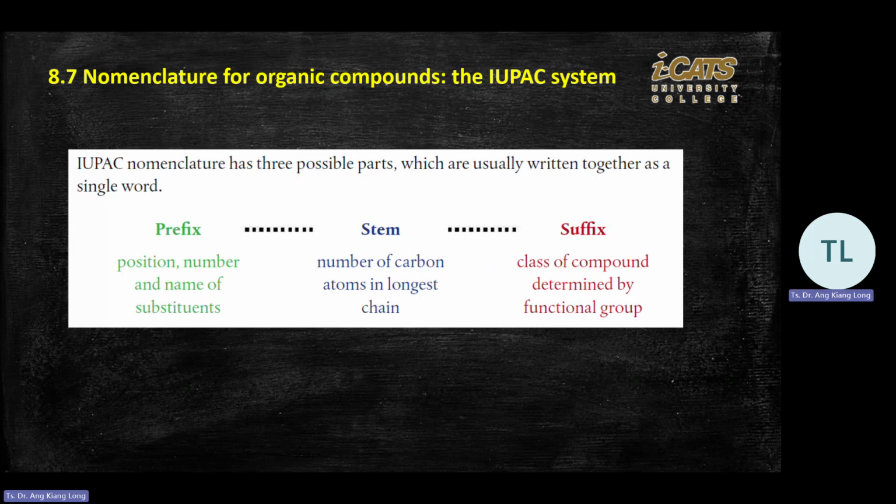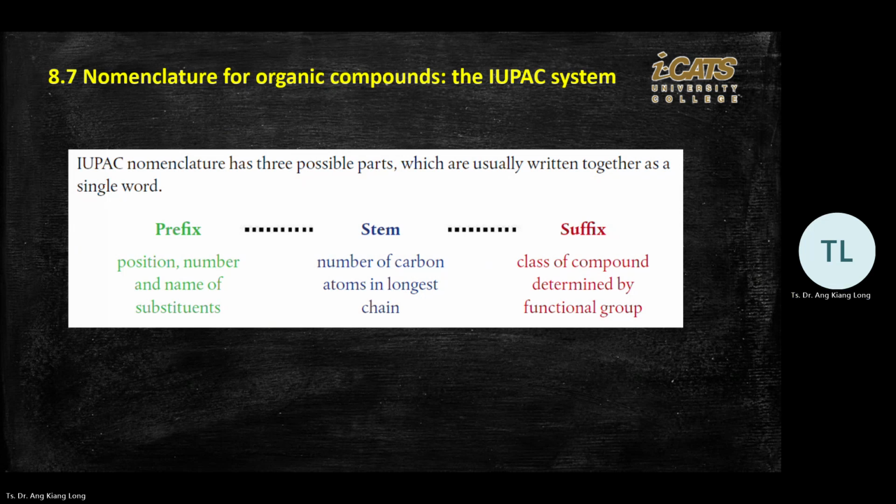It's like your surname. Like myself, I'm Ang, so the prefix is my Ang. So you write Ang here. Then the number of carbon in the long stem, and then the suffix. Sorry, this one is the position. Position, we will count later. Prefix is your surname. Suffix is your family name. This is the number: number 1, number 2, number 3, and so on.